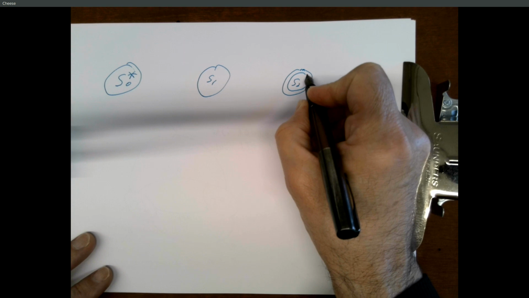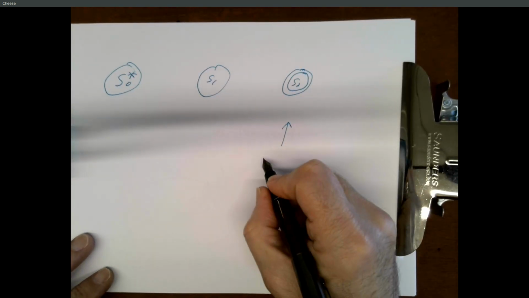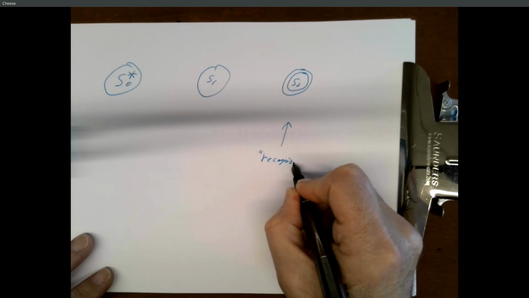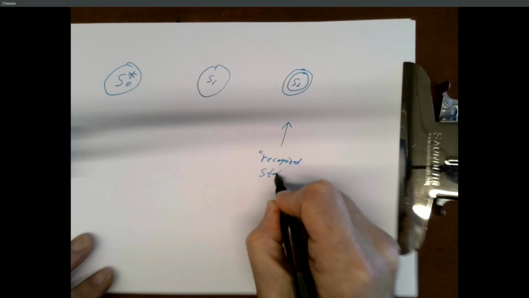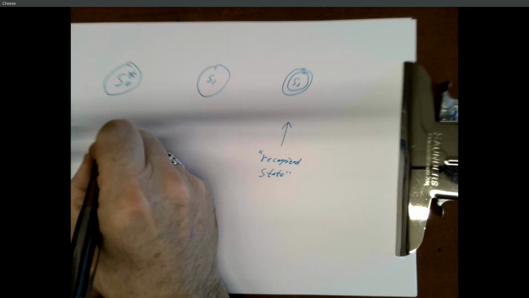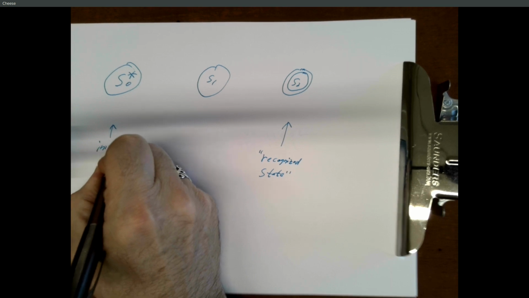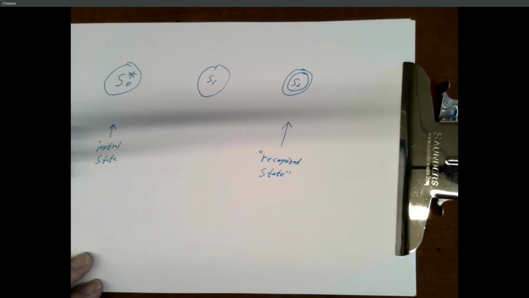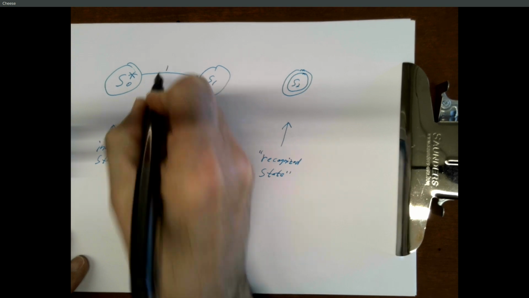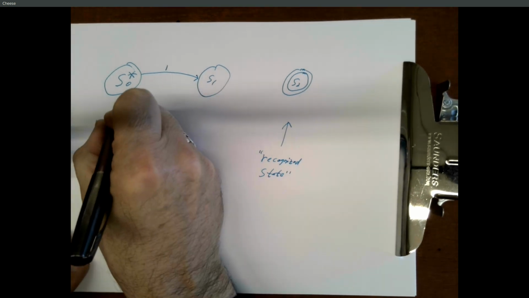And I'm going to draw 2 circles around S2. That's going to be our symbol for what we call a recognized state. The star means that's our initial state. We're just going to have inputs here, no outputs. So I'll just draw arrows with values on them.